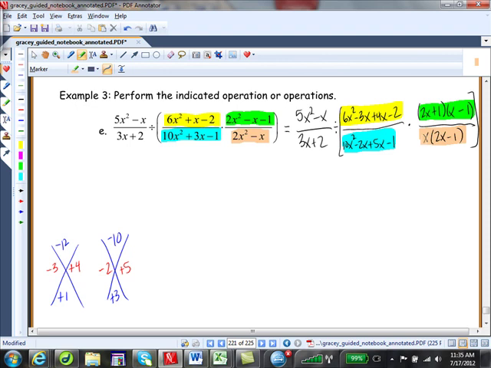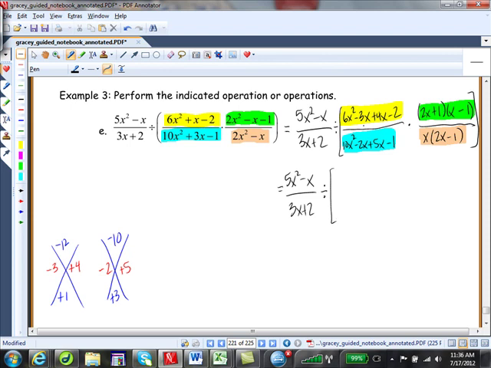Okay, so continuing, we will have (5x squared minus x over 3x plus 2) divided by.